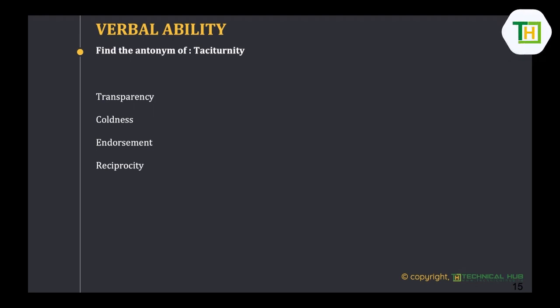Come on. Okay, someone says reciprocity. Very good. Some of you say transparency. Why transparency? Why will it be? Okay. Coldness. Coldness is completely a blunder actually. Next. Endorsement.